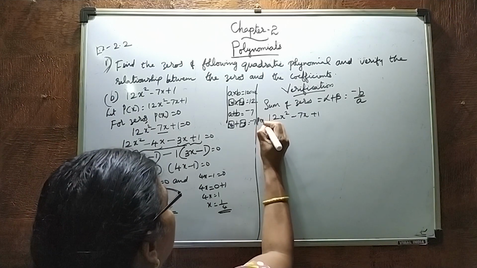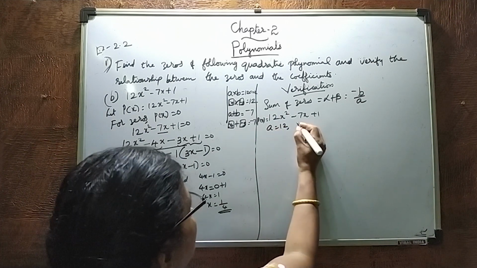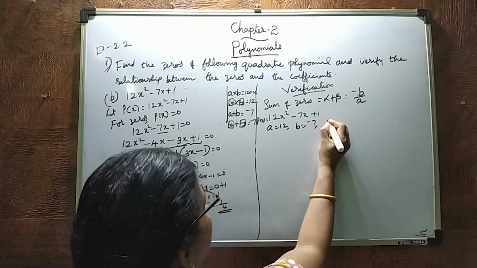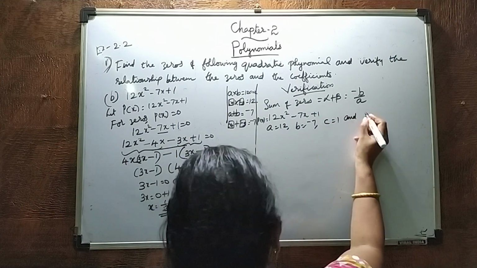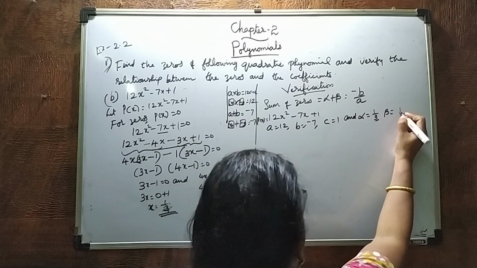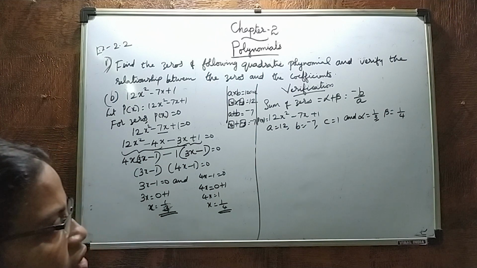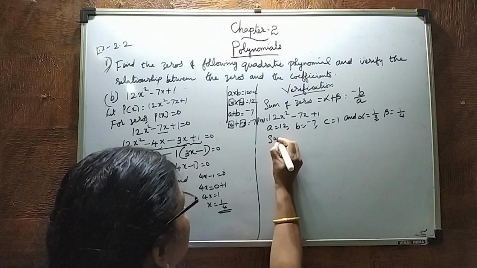P of x is equal to this. What is A? A is equal to 12, B is equal to negative 7, C is equal to 1. And alpha is equal to 1 by 3, beta equals 1 by 4. Now the sum of the zeros, you have to start.